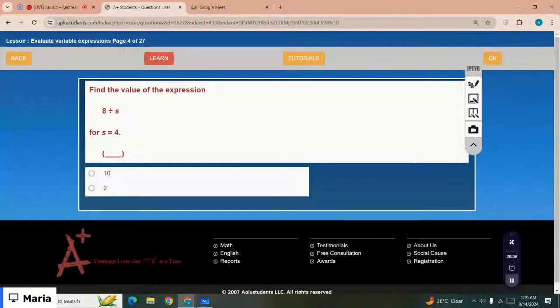Yes, replace the s with the value, so that would be 8 divided by 4. So the correct option is 2. 4 times 2 is 8. Option number 2 is the correct option.